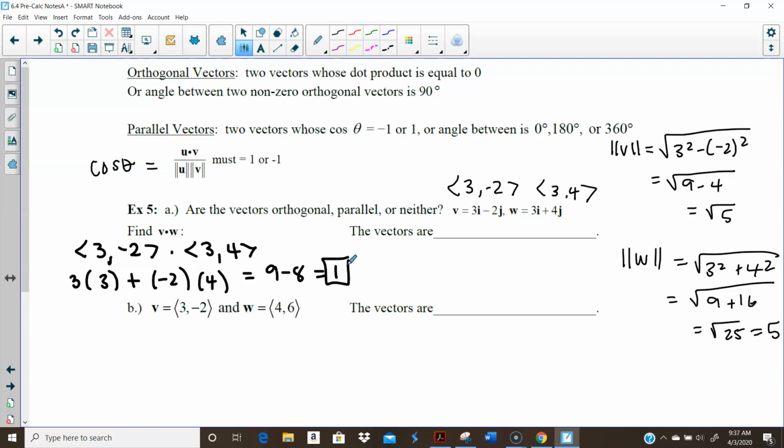The next test is the parallel test. In order to determine if it's parallel, we're going to do cosine theta is equal to u dot v. Well, I just did u dot v, that's 1, over the magnitude of u, which is the square root of 5, times the magnitude of w, and that's 5.